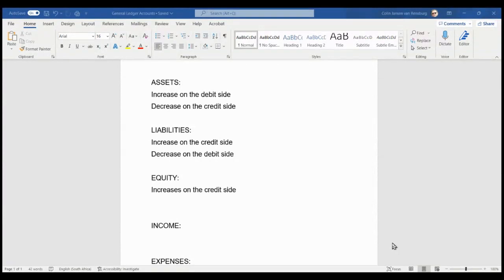And then the other leg of that entry would be to debit your owner's equity. So, what does that mean? Owner's equity, or owner's capital if you wish, being an equity account, means equity decreases on the debit side, right?